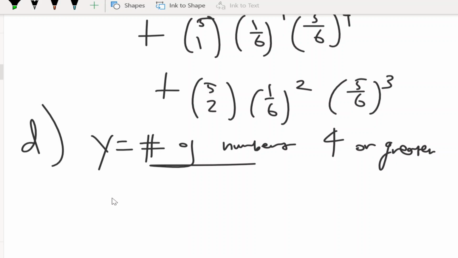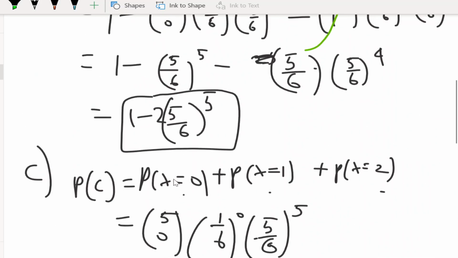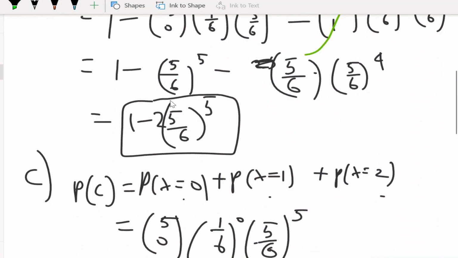Just to go over that, 4 or greater means 4, 5, 6. That would be considered a success. And if we have 6 total numbers, that means 3 over 6 equals half. So the probability of a success in one trial is 1/2. So one roll has a half chance of being successful.